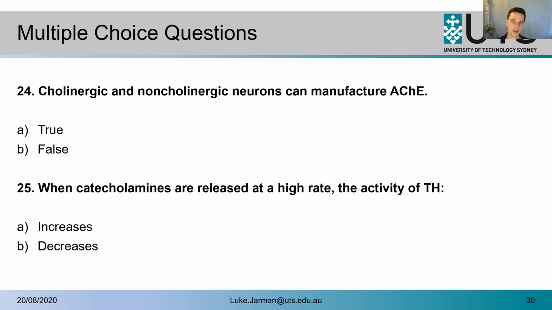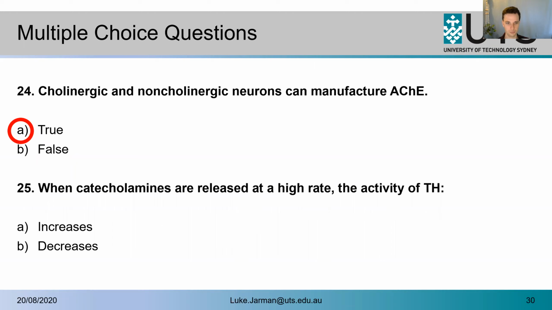24, cholinergic and non-cholinergic neurons can manufacture acetylcholinesterase, which is the enzyme which breaks down acetylcholine. That is true. So the neurons that use acetylcholine can manufacture the enzyme which breaks down acetylcholine.